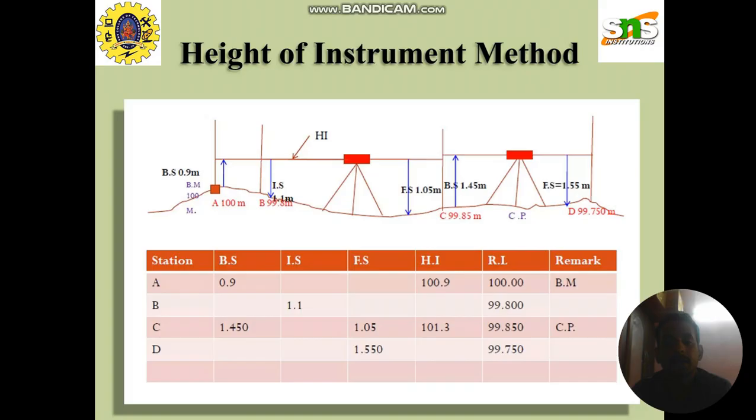Consider the second reading, the point C. The reduced level of point C can be determined by subtracting the foresight reading from the height of instrument.